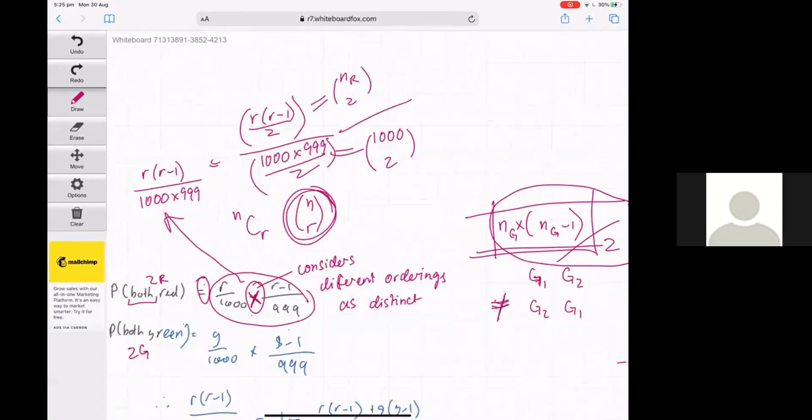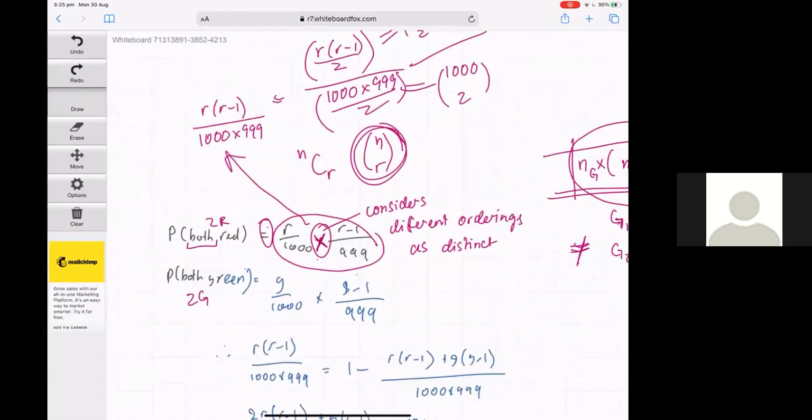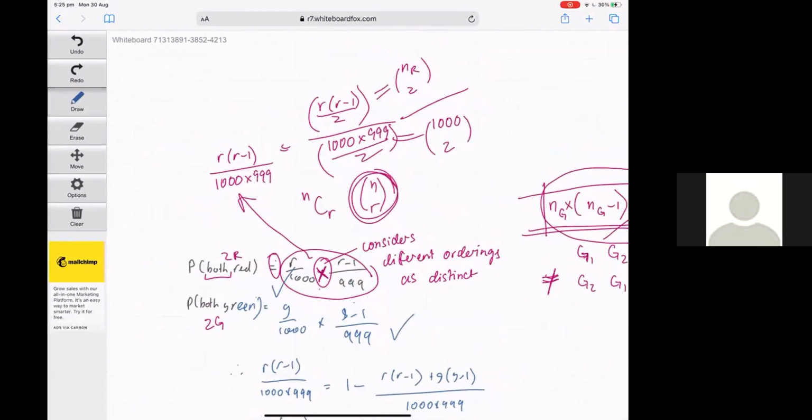So in fact, this probability is exactly correct, and this is correct for the same reason.